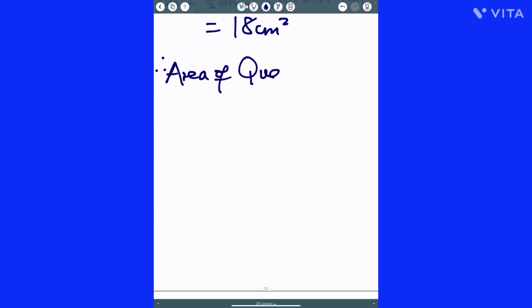Therefore, area of quadrilateral, let me write it in full this time. Area of quadrilateral BEHK is equal to area of the rectangle minus the sum of the triangle areas.